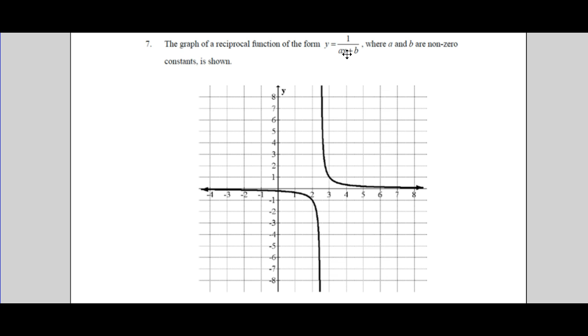We have 1 over ax plus b, so there's a vertical asymptote here on the reciprocal, which means the original function has a 0. This is a straight line, so it has a y-intercept.